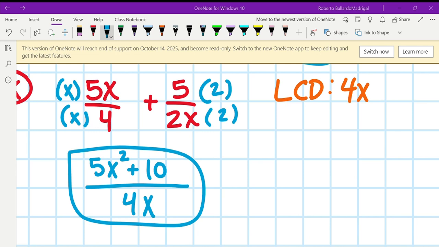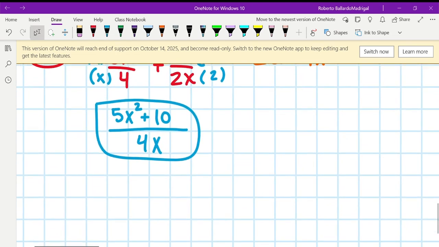Say it again. If you wanted to simplify the top, you could, but right now we're just looking to add. So you're not going to have to simplify again. You can just leave it like that. All right, let's move on to the next example.